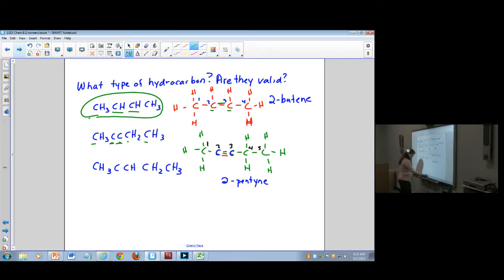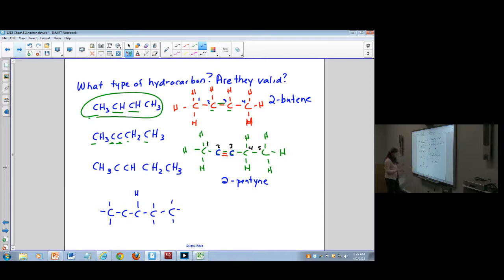This next one is, put it down here, 1, 2, 3, 4, 5. I'll put in my hydrogens. I'm tired of writing them, so I'm just going to make marks. And then I have an H here. Okay, so there's 1 hydrogen there and none on this carbon.